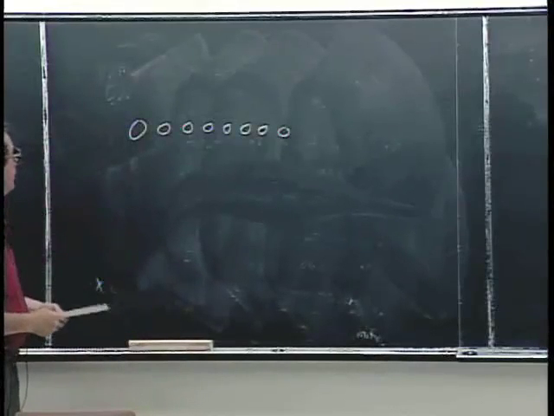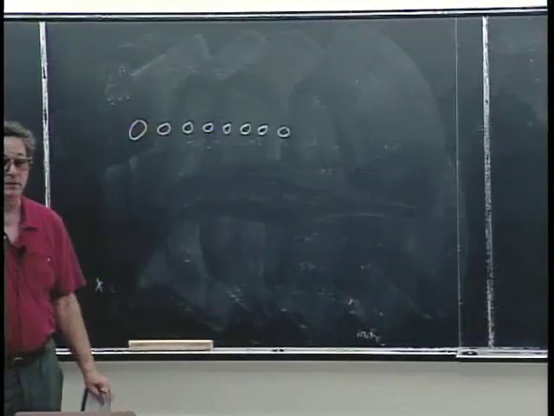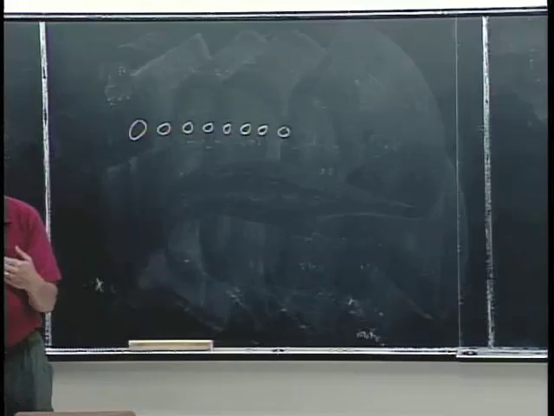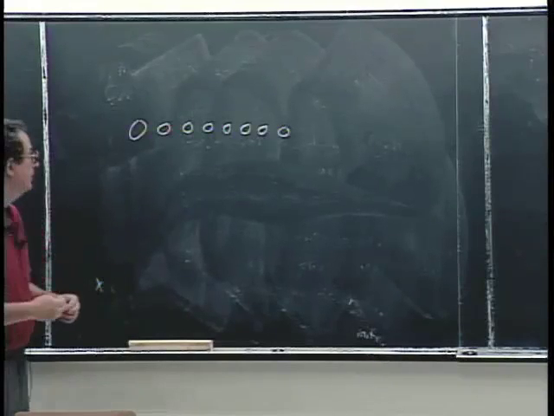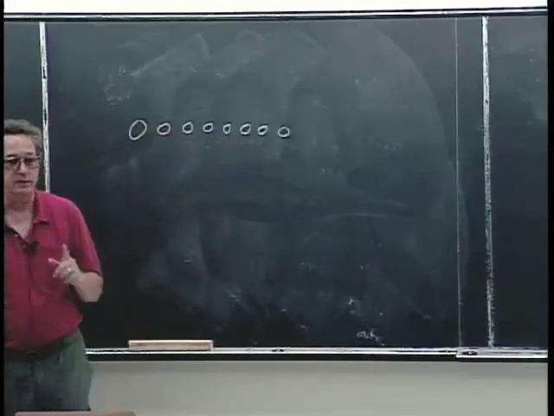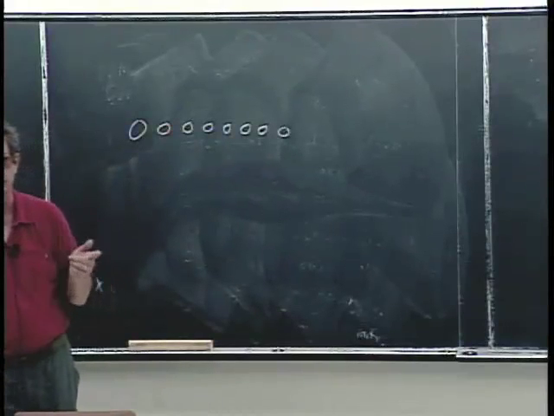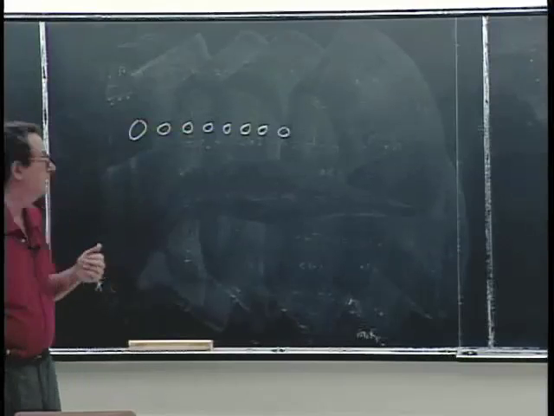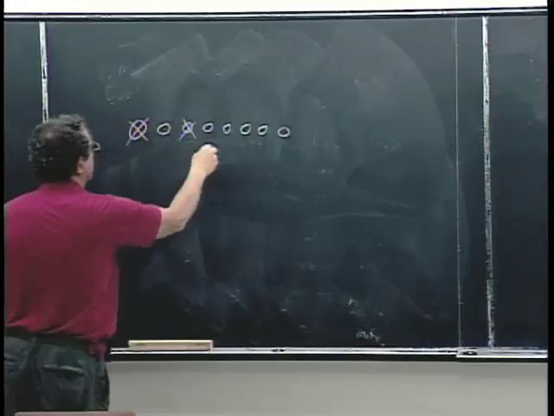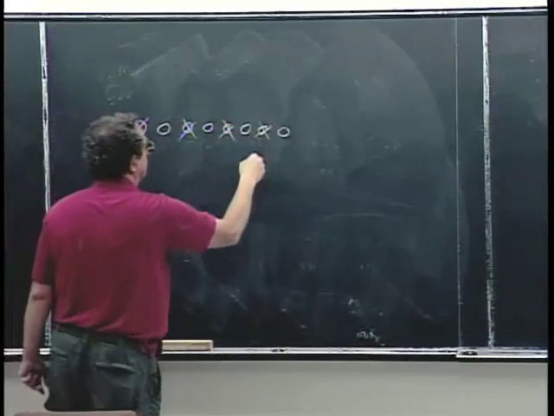So one high-level algorithm, one that should sound like you could translate it into the computation of a Turing machine, is to make multiple sweeps here and cross out every other zero that you encounter. Okay? So the first time we sweep left to right, we're going to cross out that one, cross out that one, cross out that one, cross out that one.